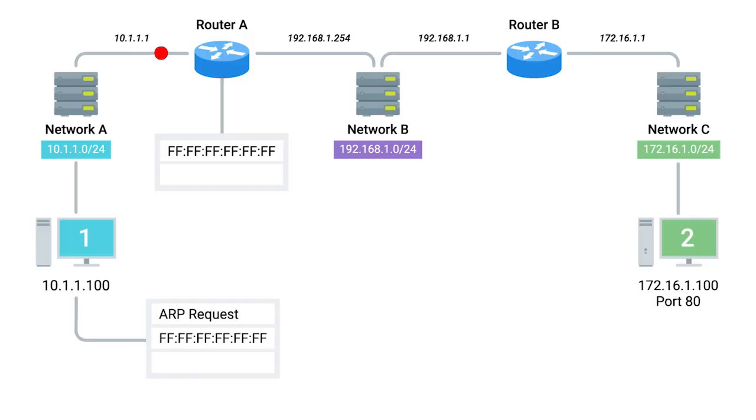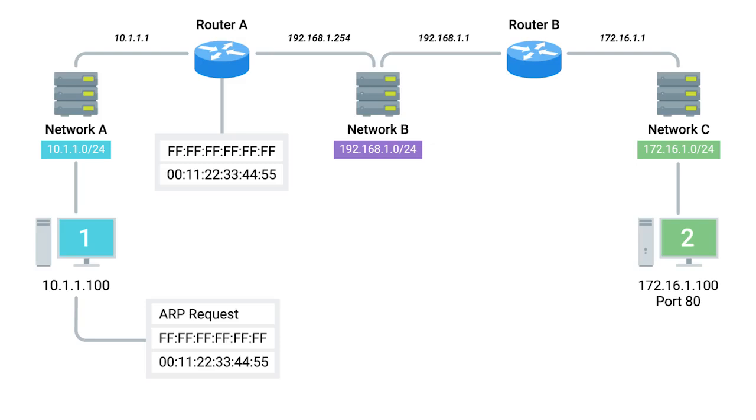So it responds to computer 1 to let it know about its own MAC address of 001122334455. Computer 1 receives this response and now knows the hardware address of its gateway. This means that it's ready to start constructing the outbound packet.